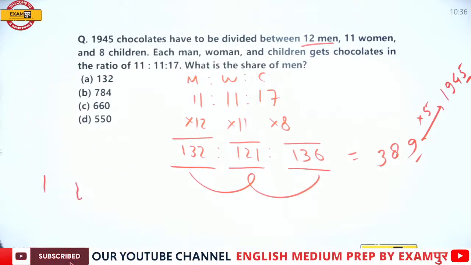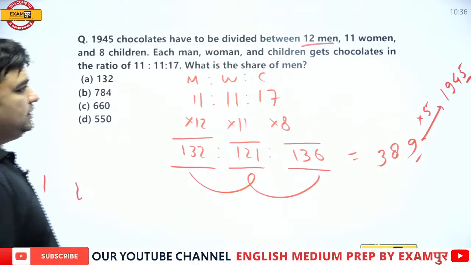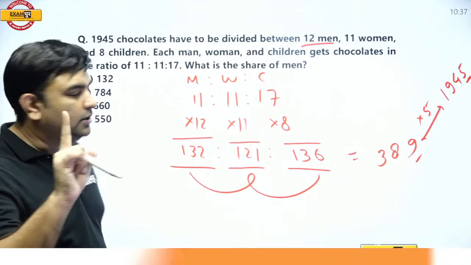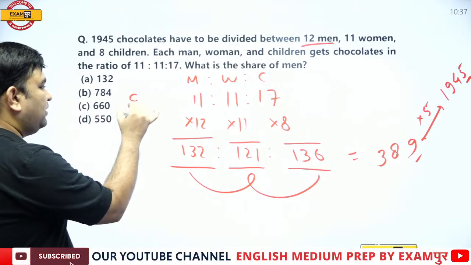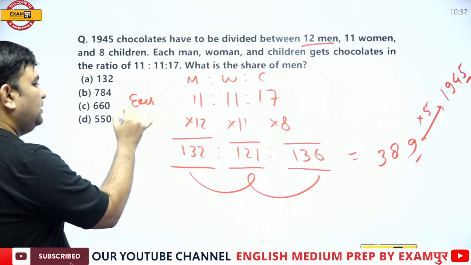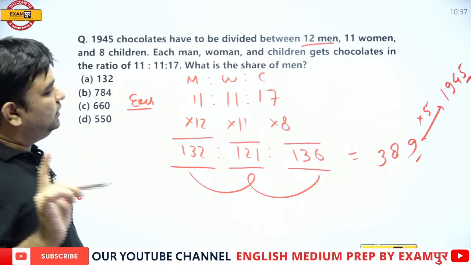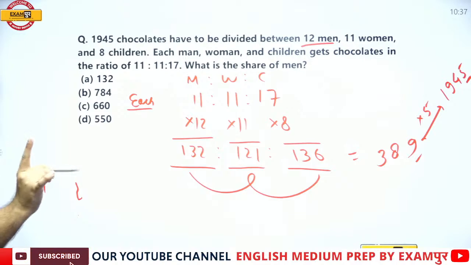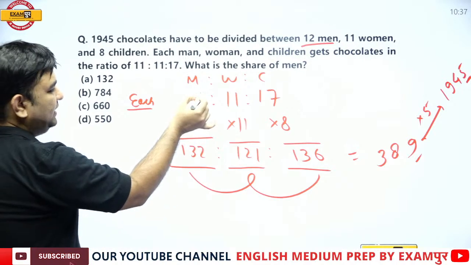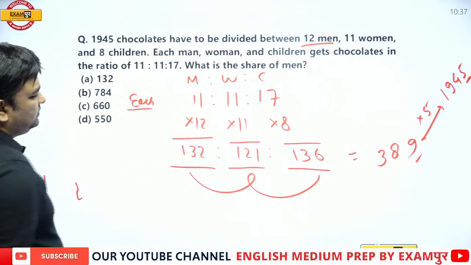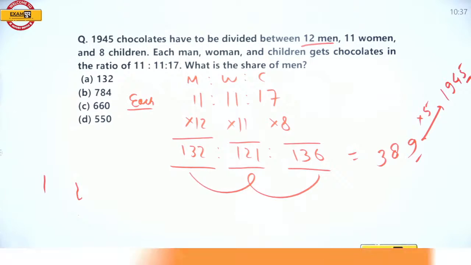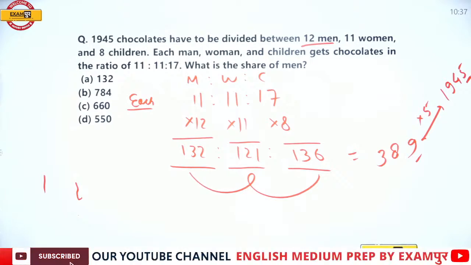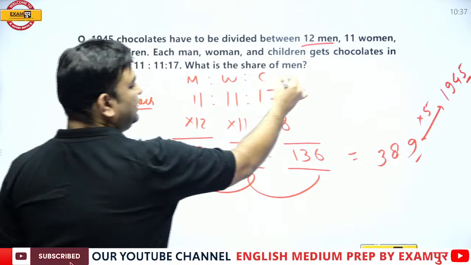Now what they are asking, what is the share of a man? Share of a single man? What is the share of men? I think share of men, it's plural.